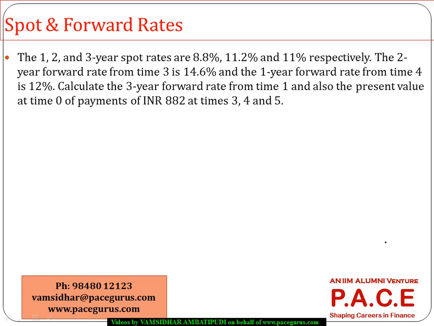This is another interesting numerical from spot and forward rates, where again, given some spot rates and some forward rates, we are trying to find out the value of some investment. So we are given the 1-year spot rate, 8.8%. Then I have the 2-year spot rate and 3-year spot rate. Along with that, I have the 2-year forward rate from time 3, meaning between 3 and 5.